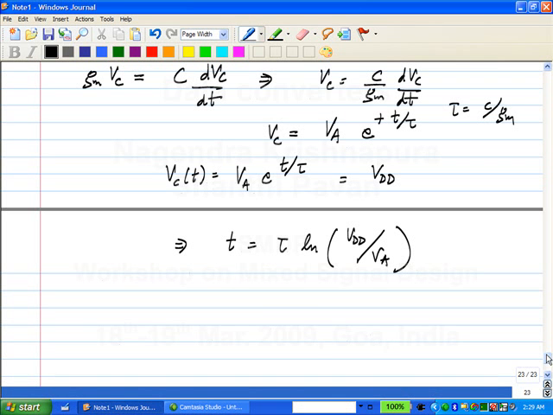So, compared to simply putting amplifiers in cascade and getting a large gain, where you in principle need to put an infinite number of amplifiers in cascade, this seems like a more hardware efficient technique. Correct.